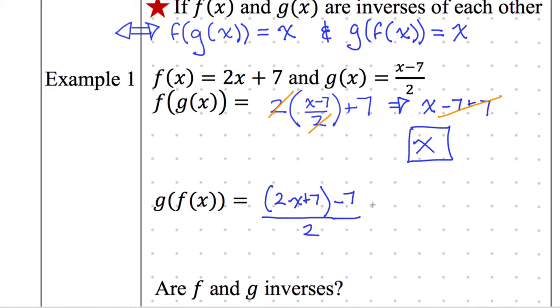And then the 7s cancel out. I didn't put parentheses, am I allowed to take those away? You always need parentheses when you do substitution.